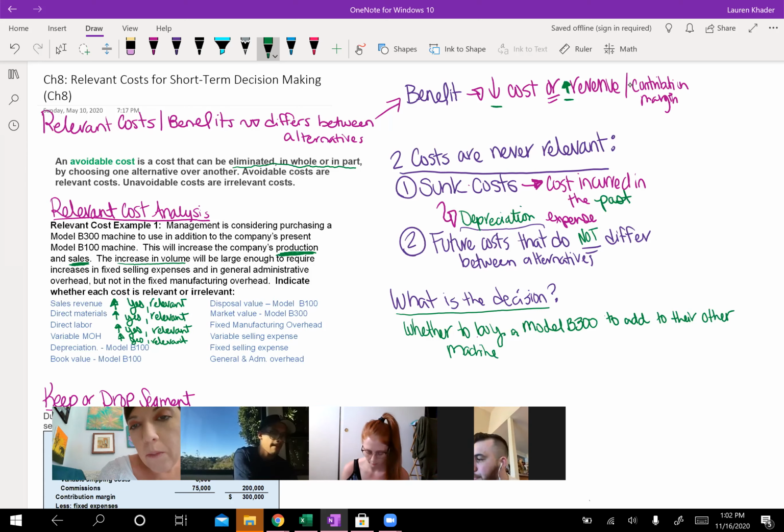Depreciation of model B100. Not relevant. Irrelevant. Sunk cost. Book value of model B100. What is book value?